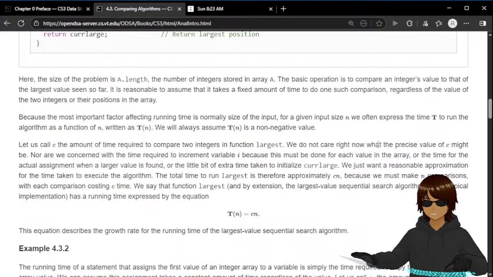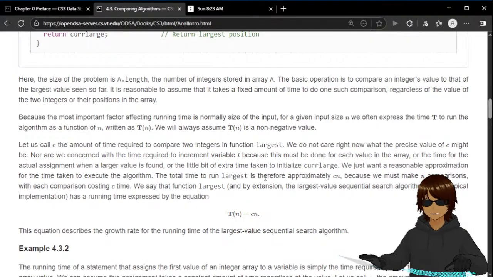We do not care right now what the precise value of c might be, nor are we concerned with the time required to increment variable i, because this must be done for each value in the array, or the time for the actual assignment when a larger value is found, or the little bit of extra time taken to initialize current largest. We just want a reasonable approximation for the time taken to execute the algorithm.